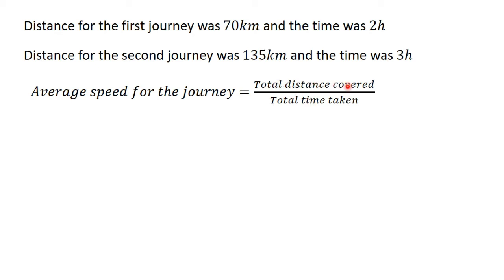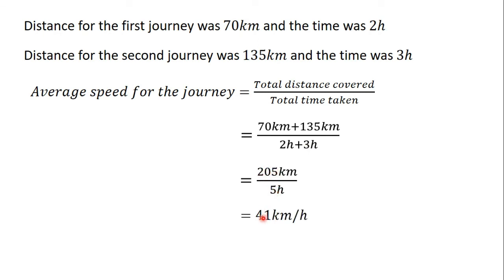The total distance covered by the cyclist will be the distance for the first part of the journey, which is 70 kilometers, plus the distance for the second part, which is 135 kilometers. And we will divide it by the time for the first part, which is 2 hours, plus the time for the second part, which is 3 hours. 70 kilometers plus 135 kilometers gives us 205 kilometers. 2 hours plus 3 hours gives us 5 hours. 205 divided by 5 gives us 41.